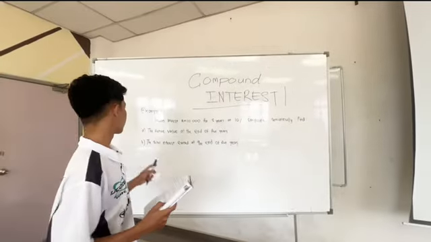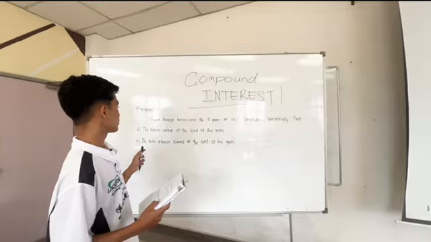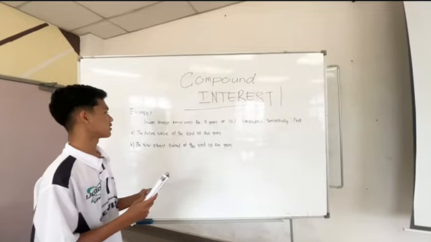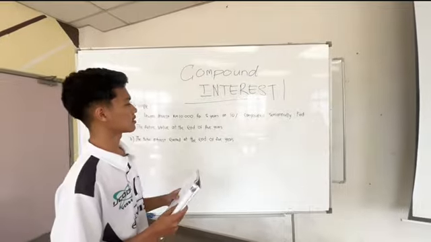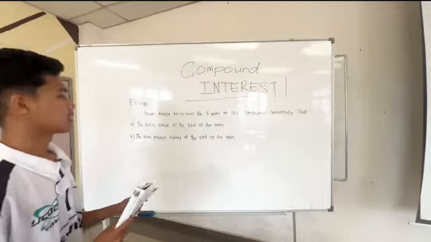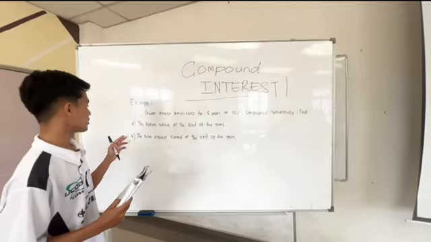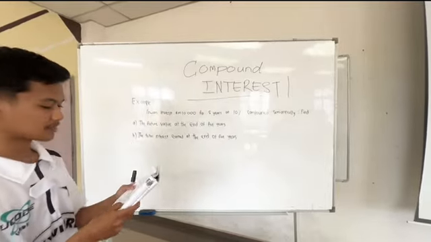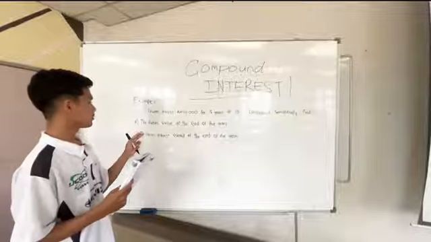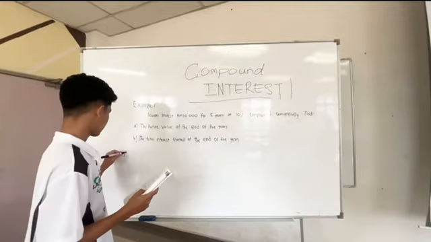Okay, now we are going to example 1. The question is, given RM10,000 for 5 years at 10% compound interest. We have two questions, A and B. We answer A first: the future value at the end of 5 years.